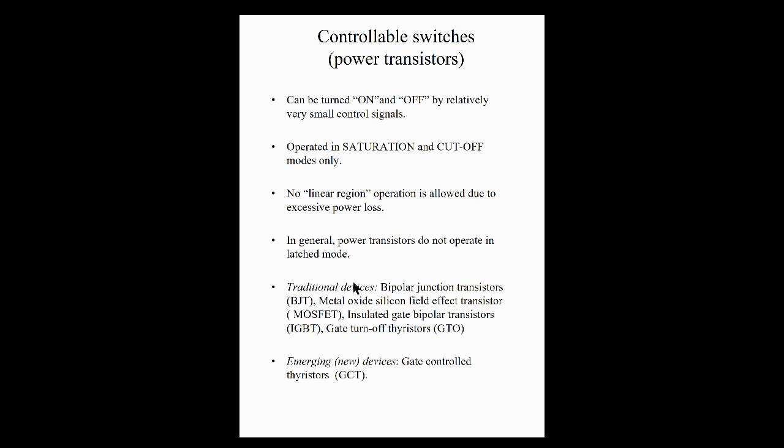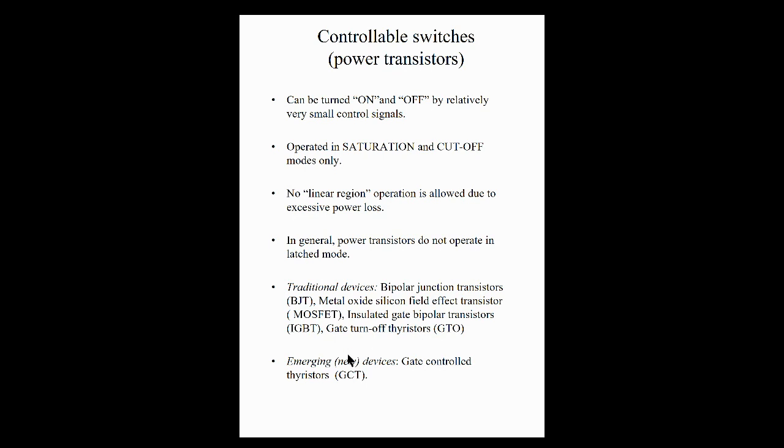These are some newer devices that we'll be looking at. The MOSFET, that is metal oxide silicon field effect transistor. We'll be looking at the IGBT, that's insulated gate bipolar transistor. GTO, right, that's the gate turn off thyristor.